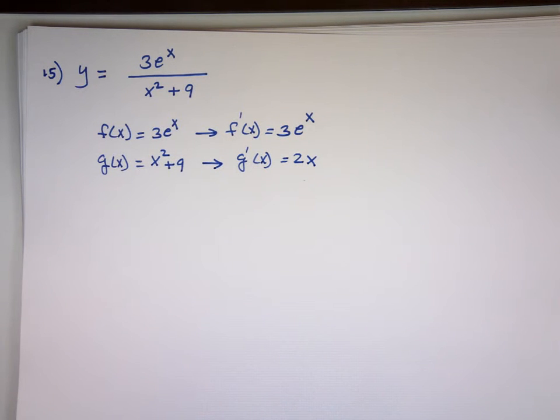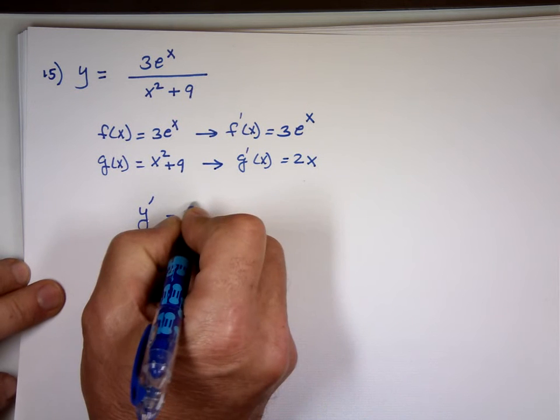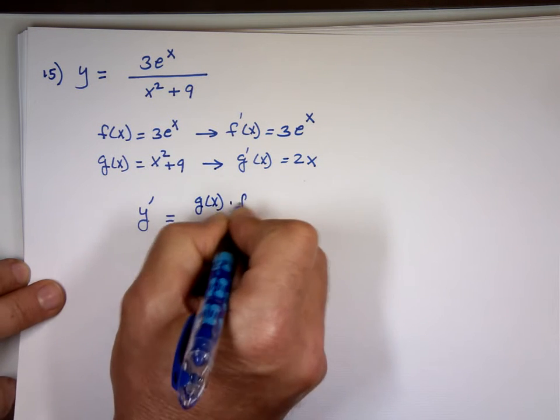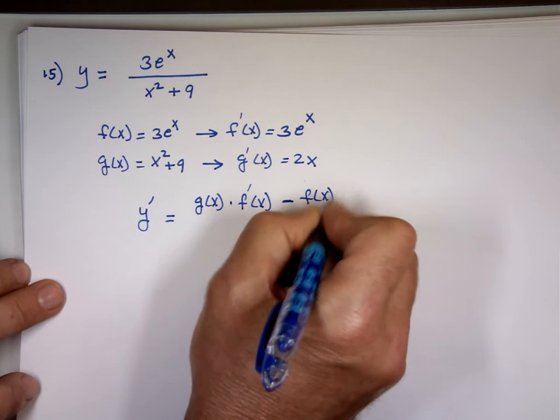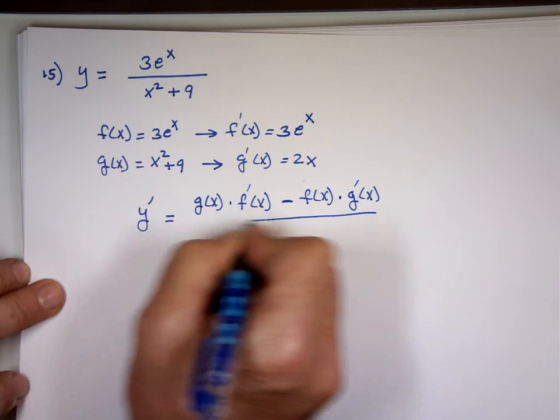Again, I've probably done about 500-600 of these problems. You'll see me every time I do it, I still write the definition. G of x times f prime of x minus f of x times g prime of x, all divided by g squared.